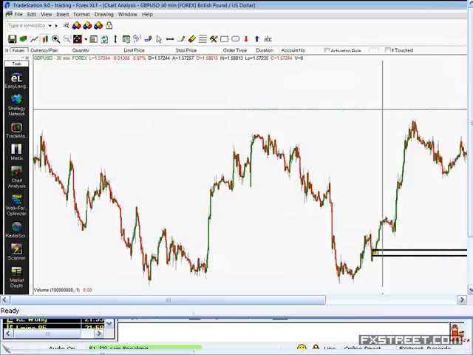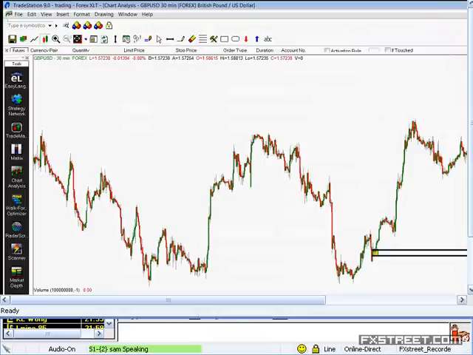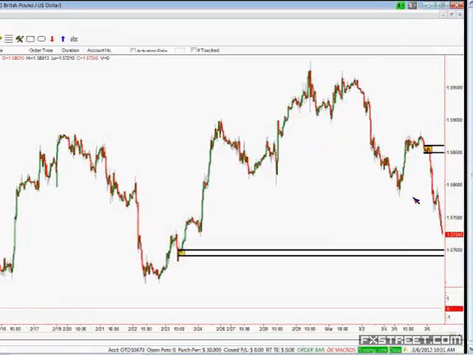Someone's bringing up, Jason, the head and shoulders. Oh, so you're talking about this big picture there? I guess a big head and shoulders. What price level are you selling at if you traded that big head and shoulders pattern?